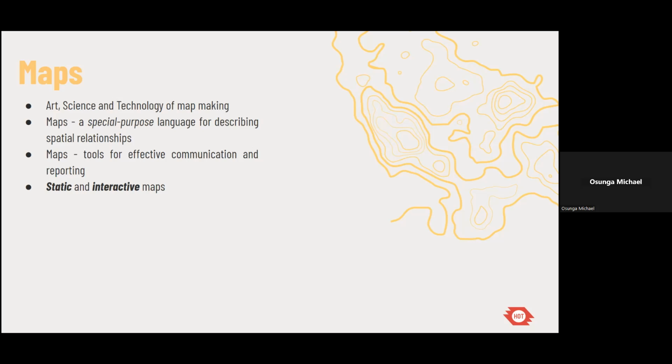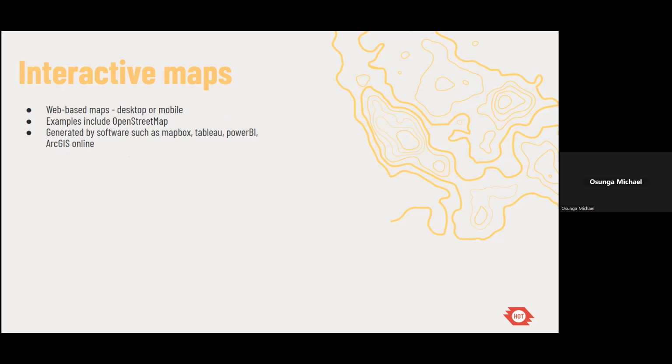So maps can be of two forms. The most commonly used form of maps are static maps, basically printed maps, something you print on a map, A0 size, A4, and then yeah, you can make information out of it. And then interactive maps. And interactive maps is what we're going to discuss today. So what are interactive maps?